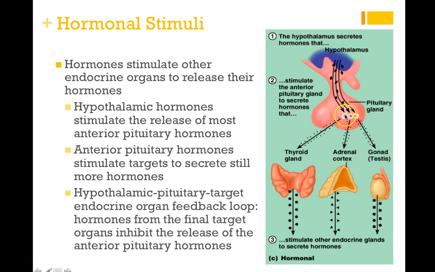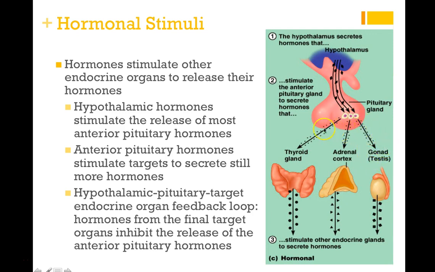And cells here can secrete hormones such as the thyroid stimulating hormone to our thyroid gland. It can secrete our ACTH to our adrenal cortex, or it can secrete LH or FSH over to the gonads.